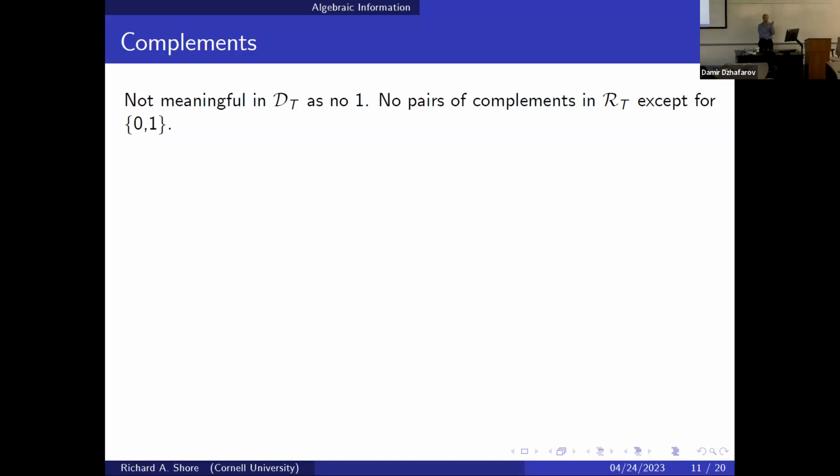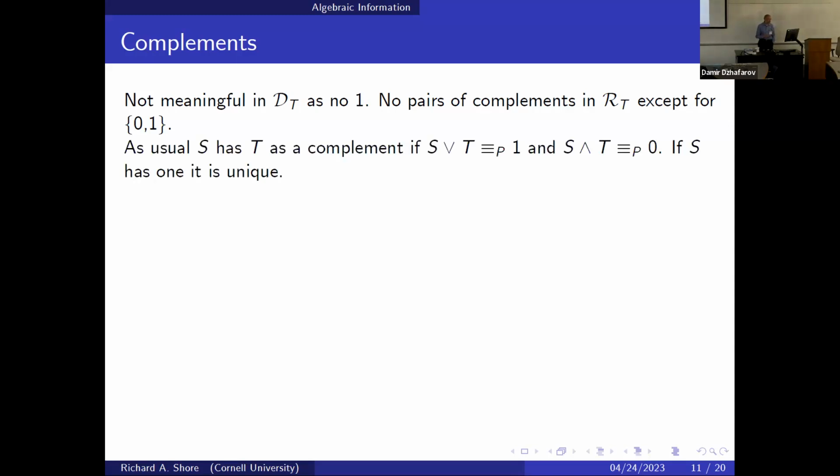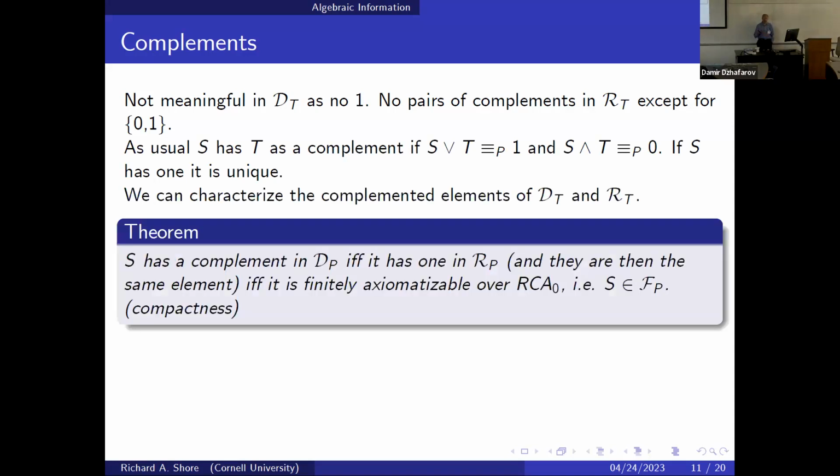In the distributive lattice, we know what it means to be a complement. So what happens in the Turing degrees? Well, you don't even have a 1, so the notion of complement doesn't mean anything. So forget about the Turing degrees here. This is what everyone knows a complement is, and it's unique.